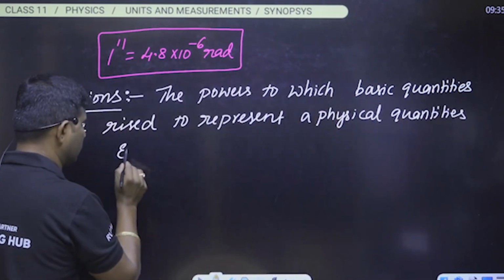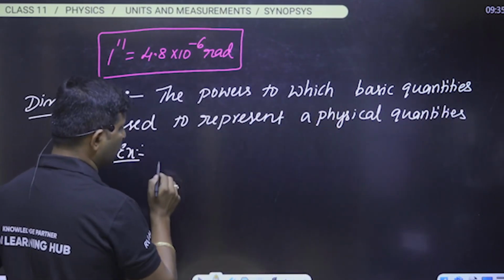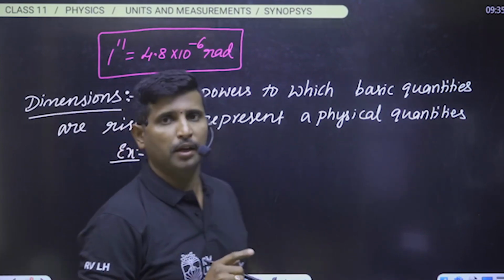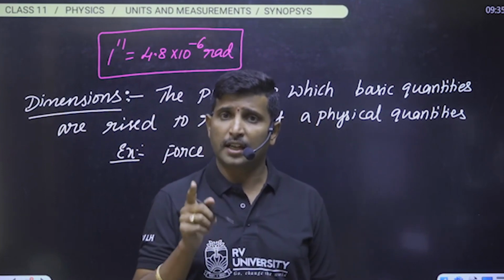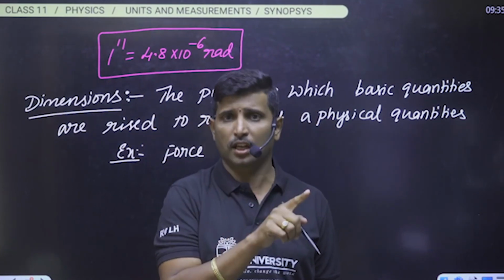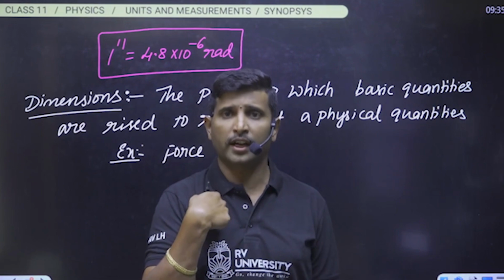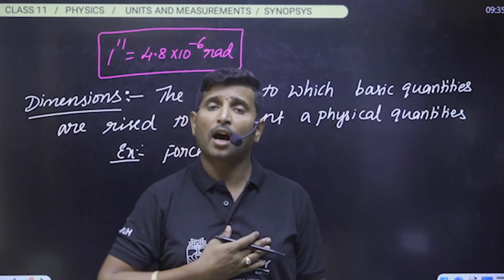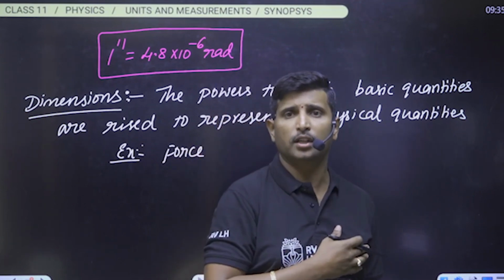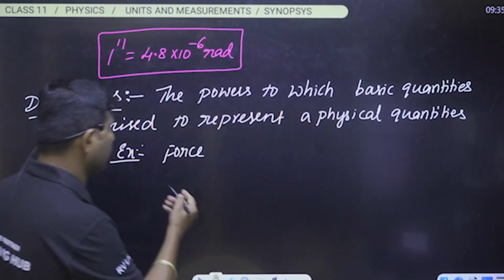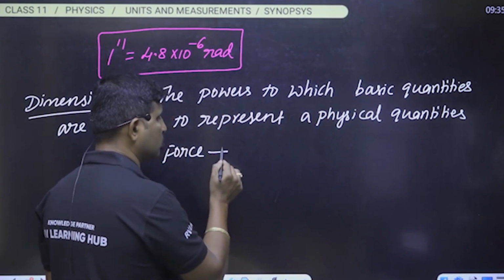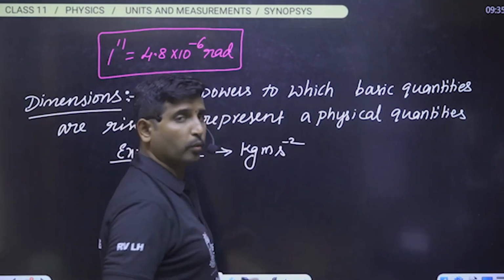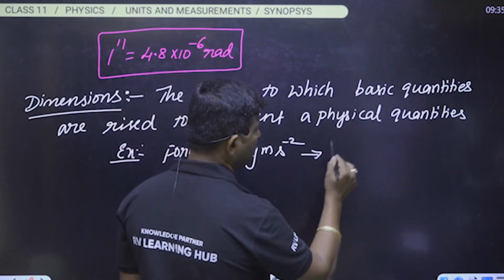Suppose, for example, if I want to represent force, please remember my words: if you want to write the dimensional formula of any physical quantity, first we should understand how the quantity is related to the fundamental quantities, or what the SI unit of that quantity is. For example, force is measured in the unit kg meter per second square. Is it right or not? So what is the dimensional formula for this?